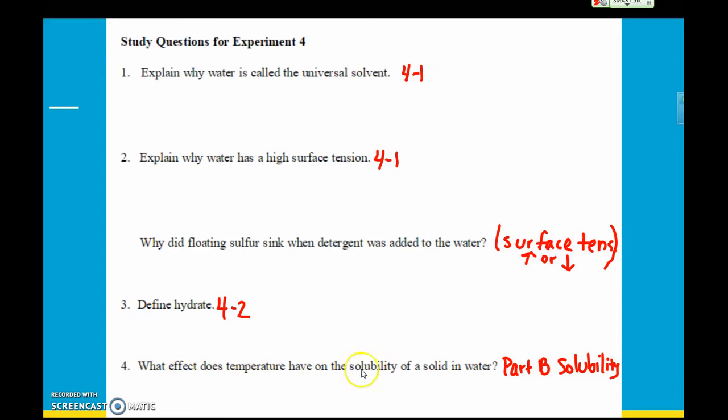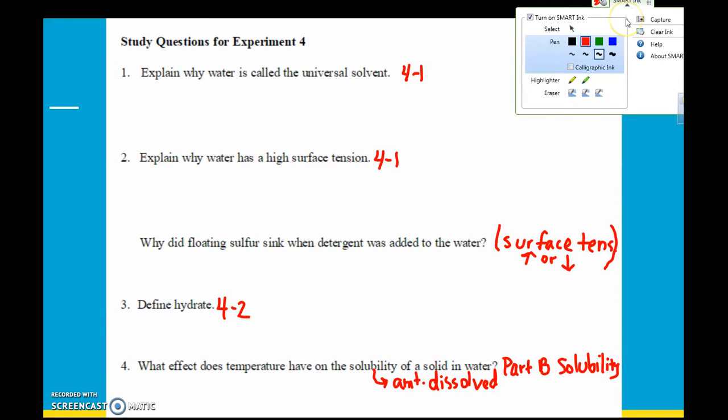So does hot water make a solid dissolve, or does cold water make a solid dissolve? And that will help. That way you'll know about the temperature. So solubility means amount that will dissolve. So more soluble means more will dissolve. Less soluble means less will dissolve.